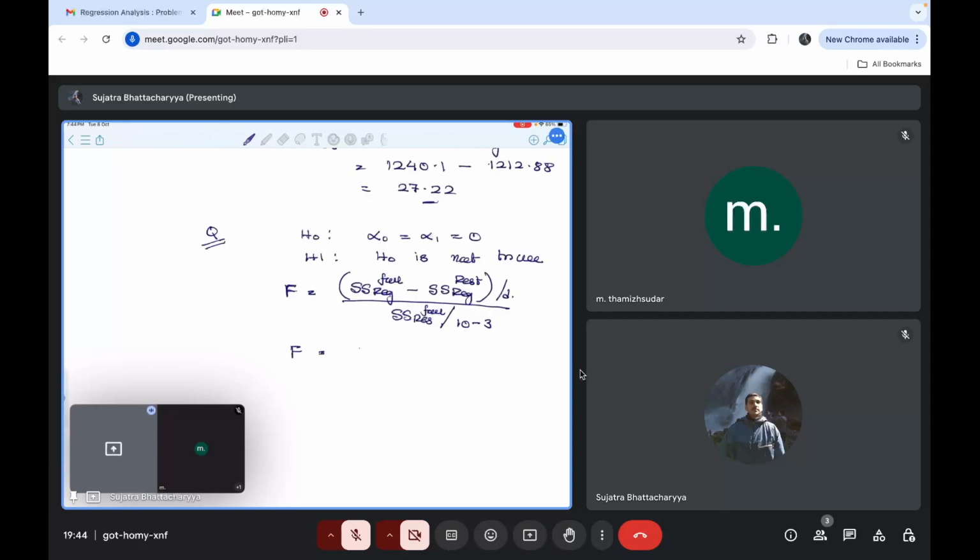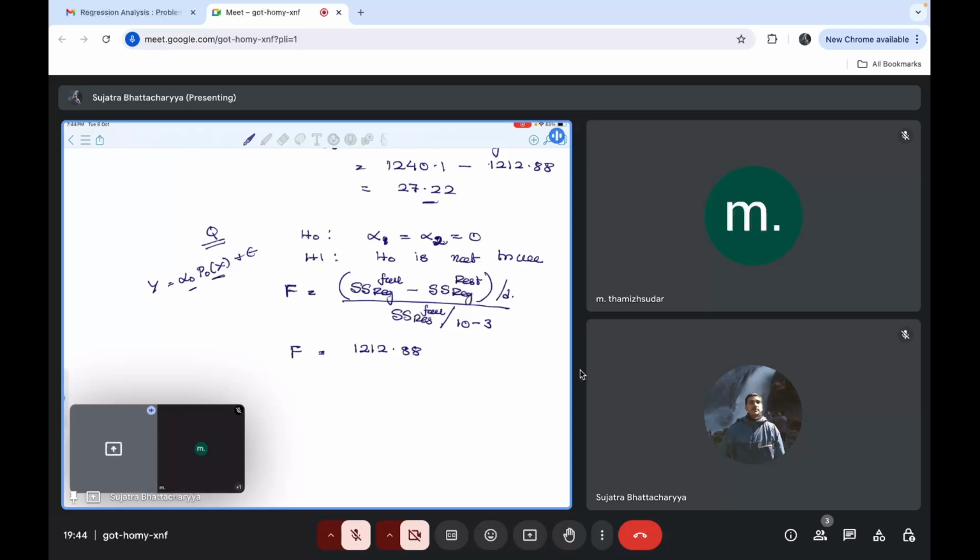All right, so for the full model it is 1212.88. And for the restricted model, what is the restricted model by the way? Sorry, this is alpha 1 and alpha 2. So what is the restricted model? Y is equal to alpha naught P naught x plus epsilon. P naught x is 1 always.